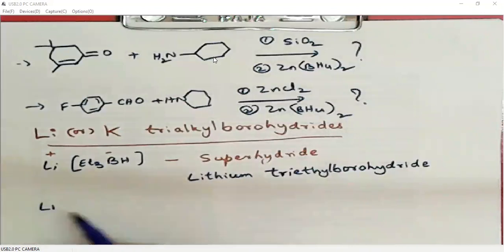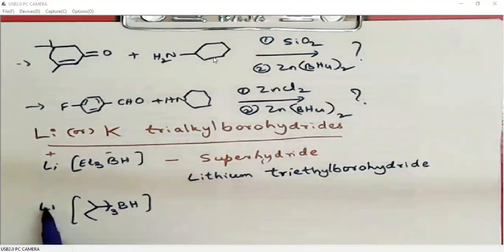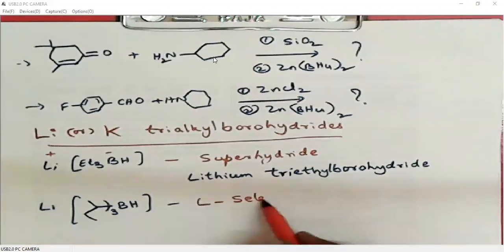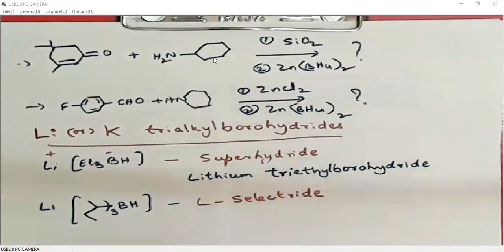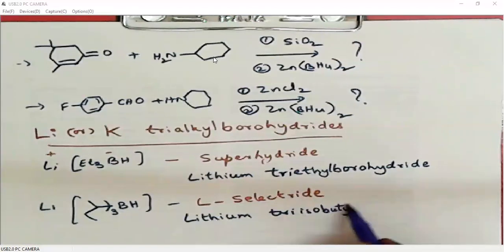Next reagent is lithium triisobutyl borohydride. As usual, lithium will be plus charge, boron will be minus charge. So we will have three isobutyl groups. Its common name is L-selectride. IUPAC nomenclature is lithium triisobutyl borohydride.